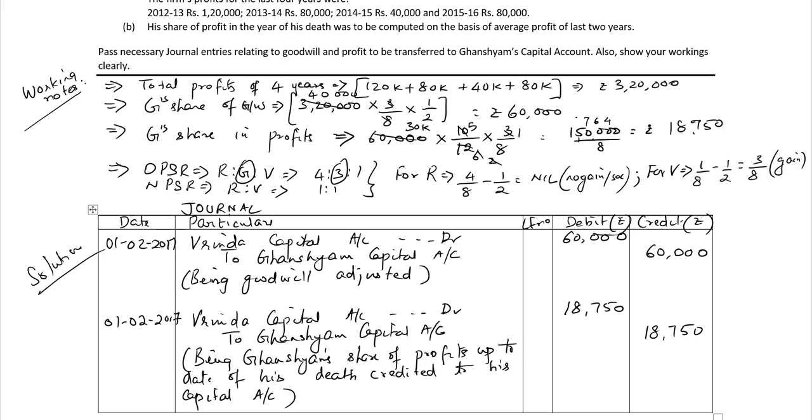So these are the two journal entries in this example sum 3.